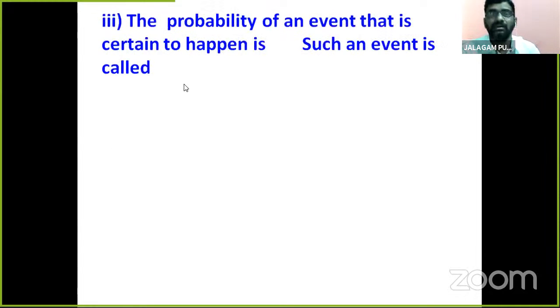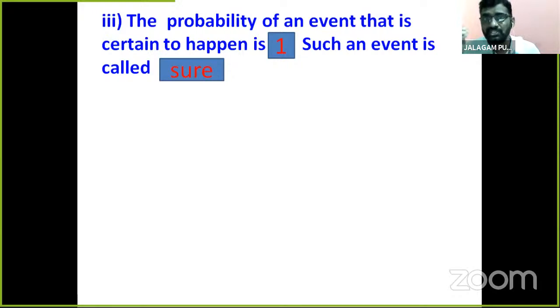Note down: the probability of an event that is certain to happen is, tell me, children, what? Yes, 1. Such an event is called a sure event.